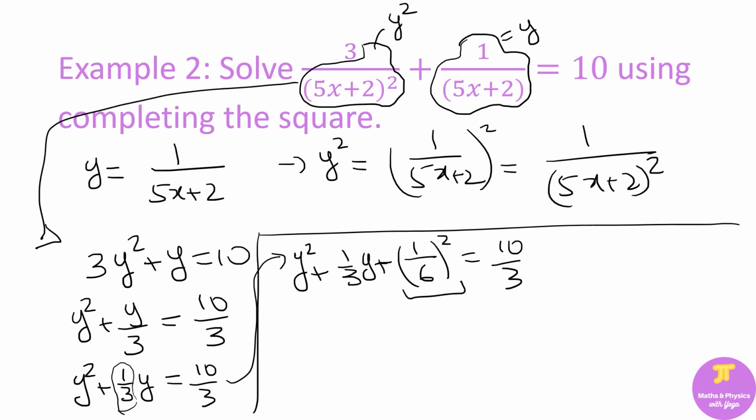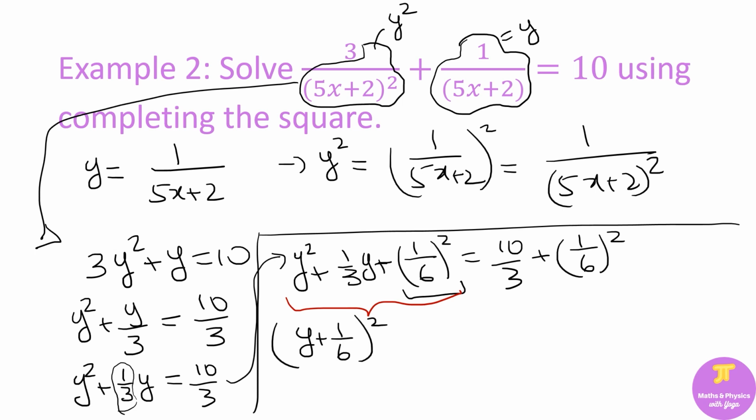We added this bit, so we need to add the same thing on the other side as well. This is in our completing the square format. So this is nothing but y plus 1 over 6 whole squared, and if we simplify this side, it equals 121 over 36.